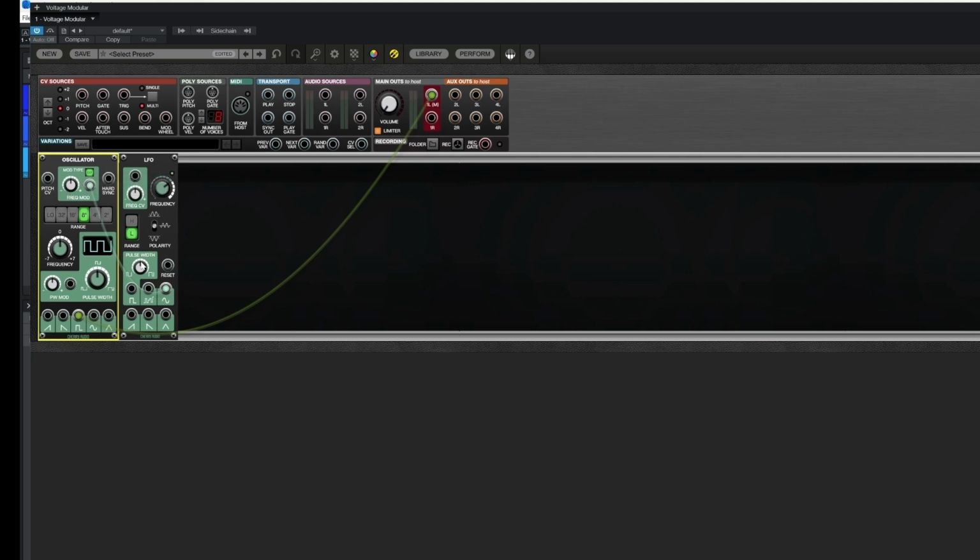So what is happening is this voltage is going up and down, this sine wave, and it is modulating the frequency of this oscillator.